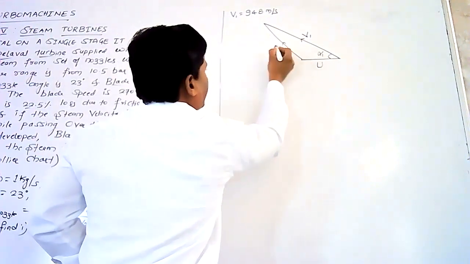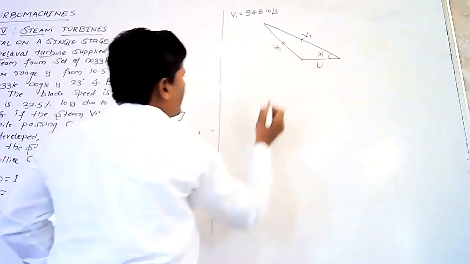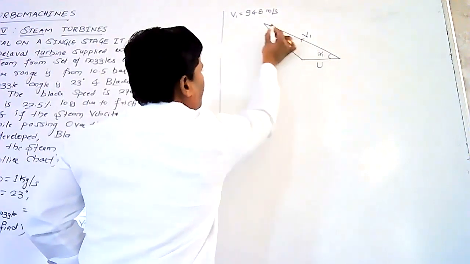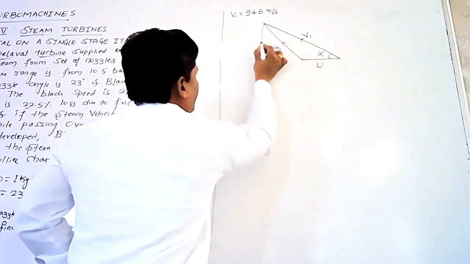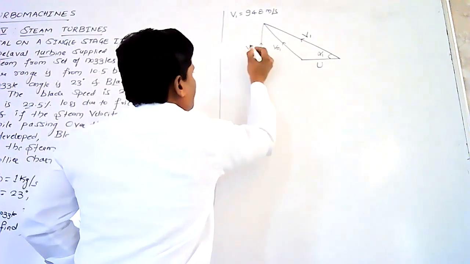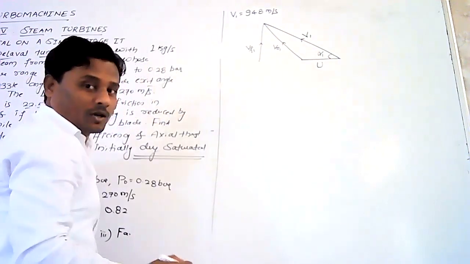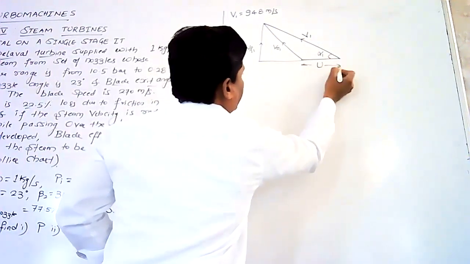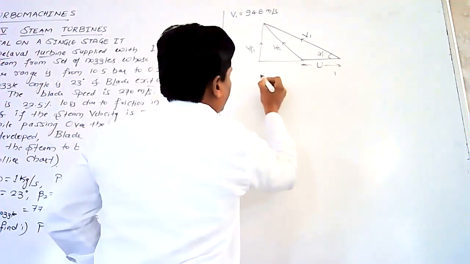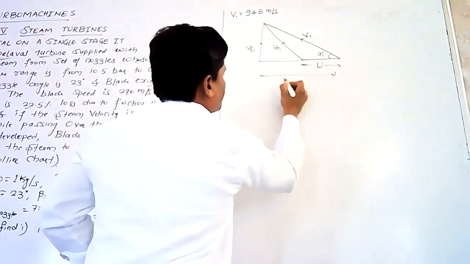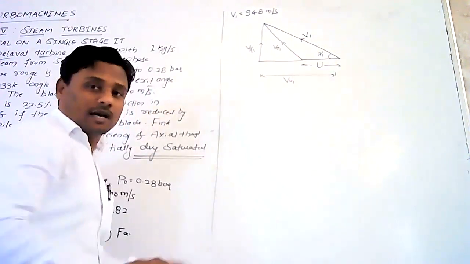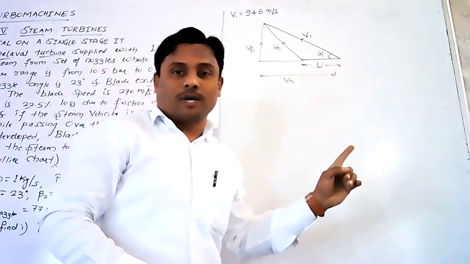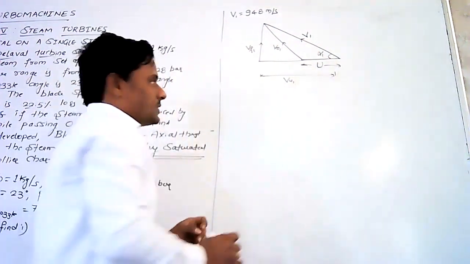This component is the relative velocity VR1, and the vertical component of V1 is VF1, which is known as the flow velocity component, and its horizontal component is VU1, the tangential velocity component. This is the inlet velocity triangle. Now, how to draw the outlet velocity triangle?